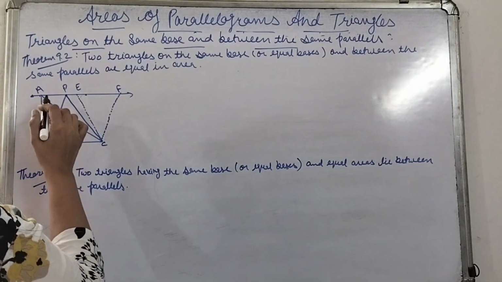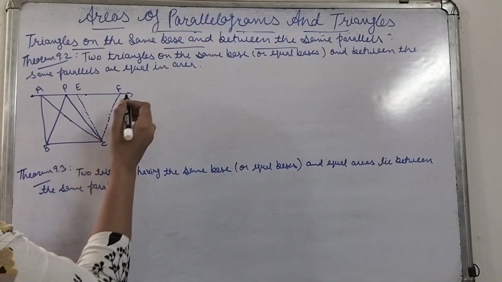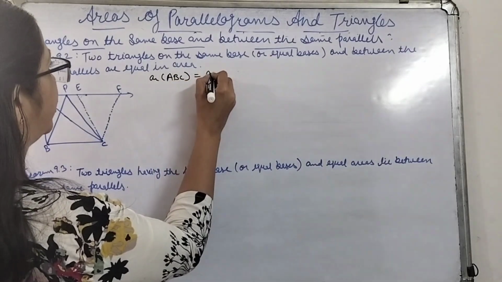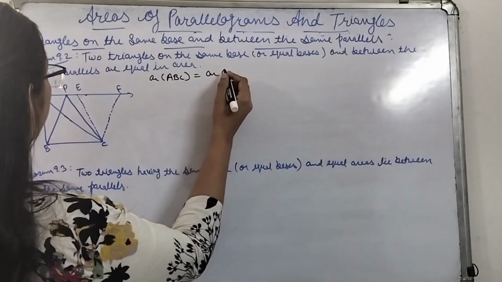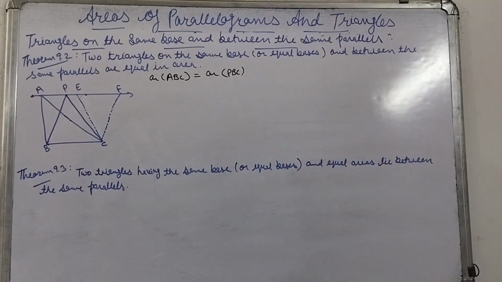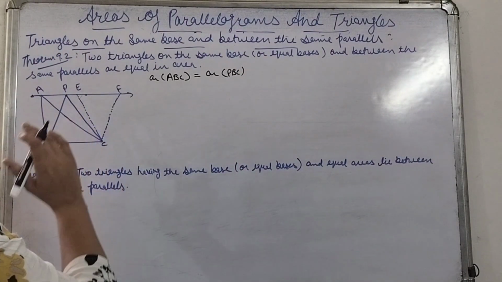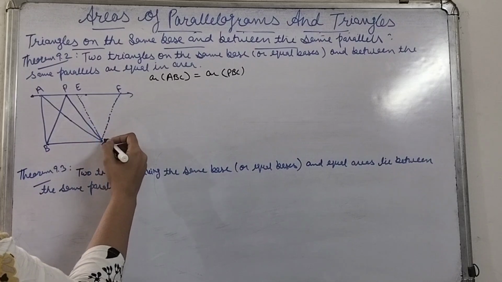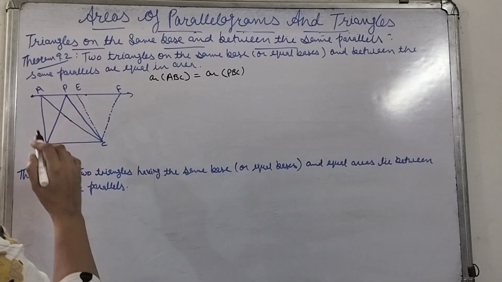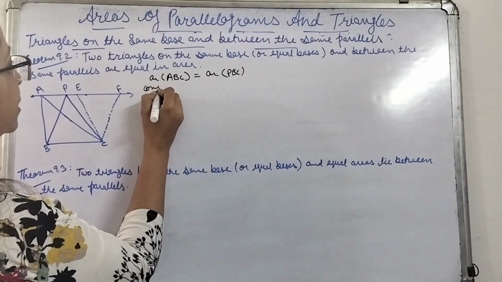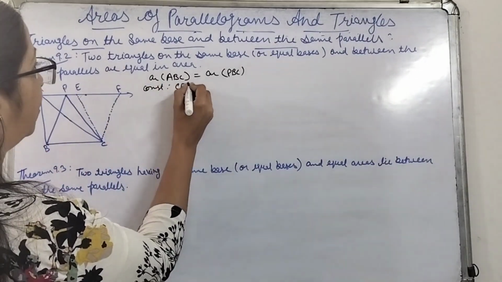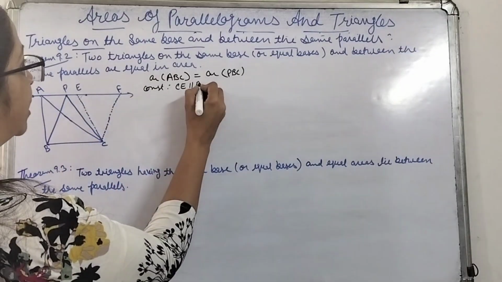Now we have to prove that the area of ABC will be equivalent to the area of PBC. Now how can we do it? For that we will just make some construction. We will make a line CE parallel to your AB.